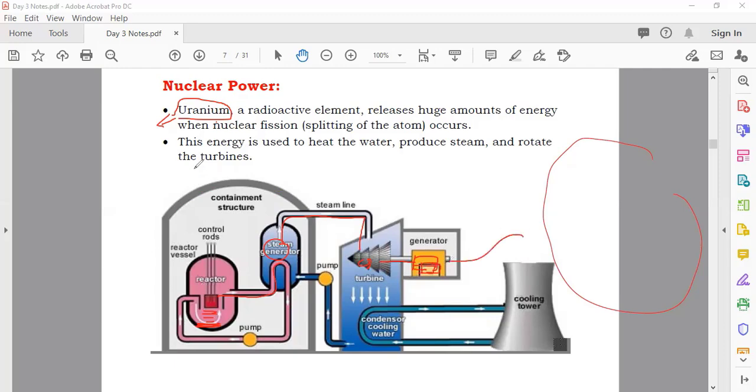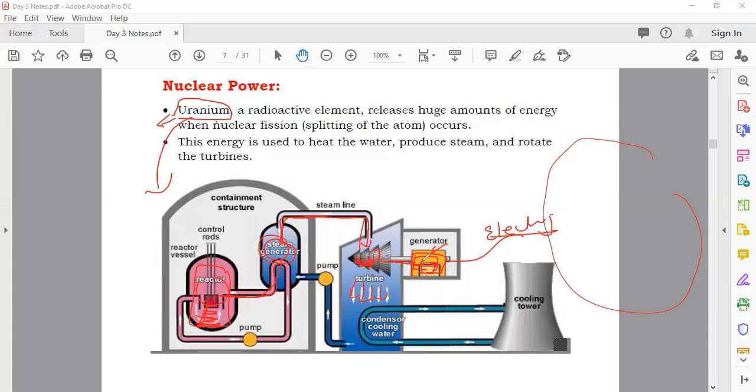Once again, the heat which comes from the uranium is used to heat the water. When you heat the water, it converts into steam. That steam is collected here. When the steam becomes high pressure, they bring the steam to the turbine and it passes through the turbine. And when something moves with high pressure, the turbine starts to rotate. As it rotates, it is fitted with the generator, and inside the generator you have a coil which moves and produces electricity. Any confusion?